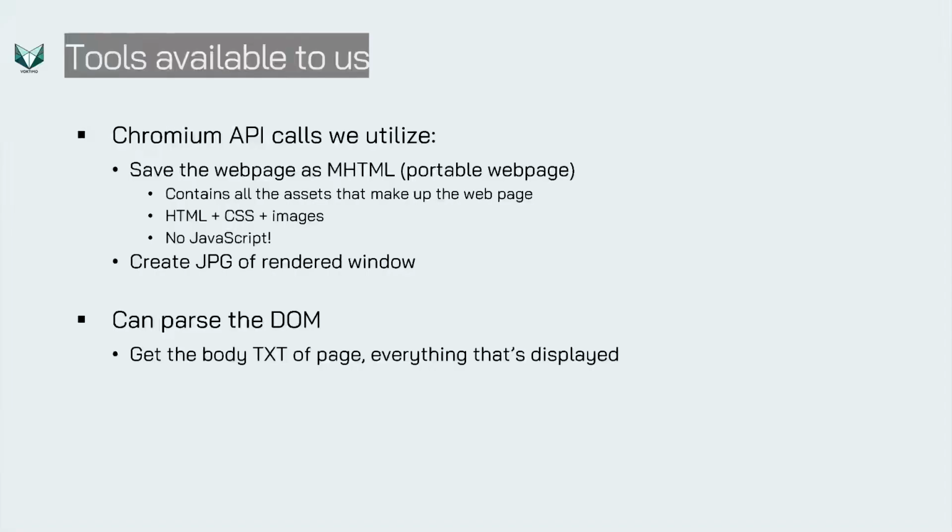We also get a JPEG of the rendered window, so we can basically see what it looked like, right? And we can parse the DOM. Now the DOM is the document object model, which is basically the page of the document. And so we can parse that entire thing and we can get the text from it.